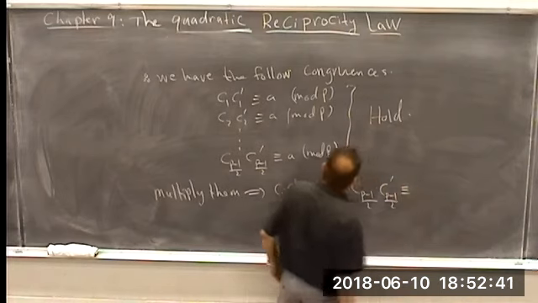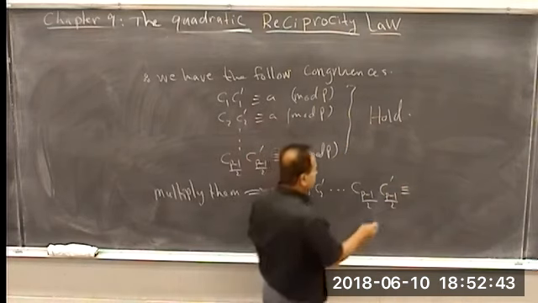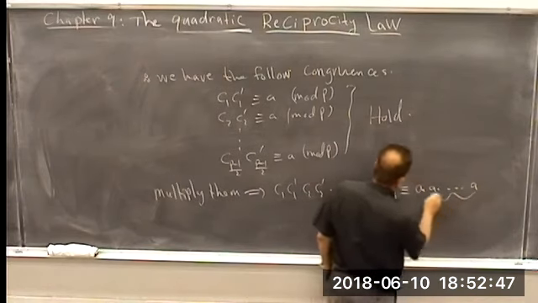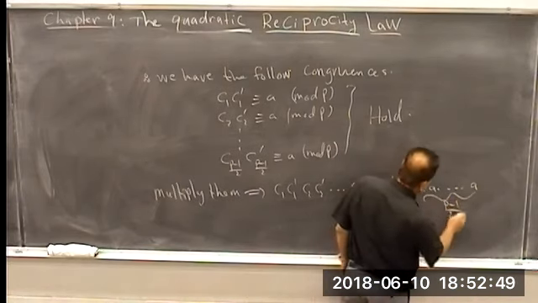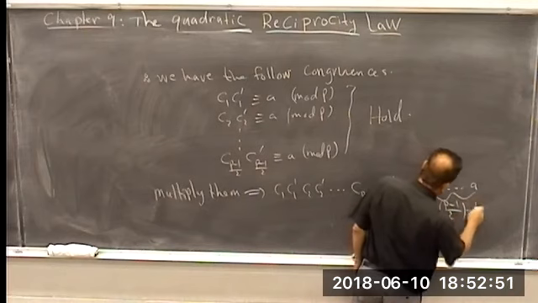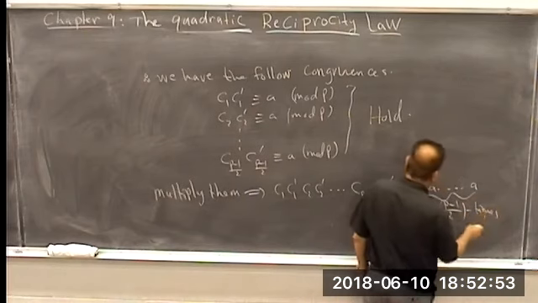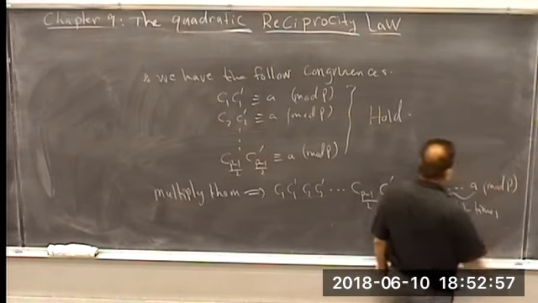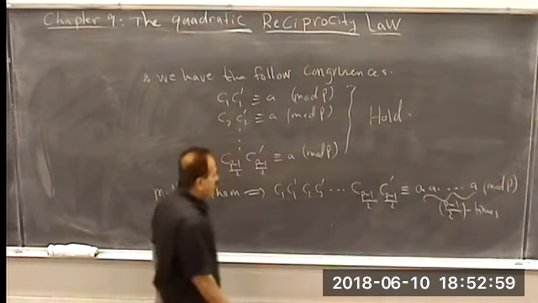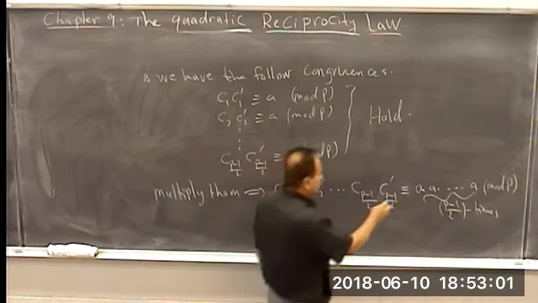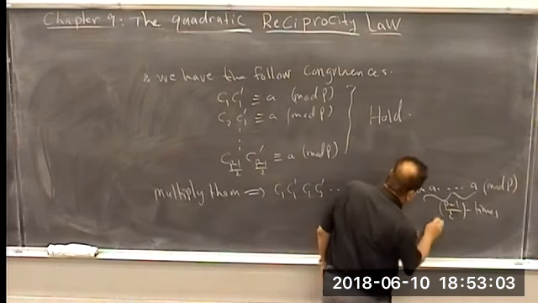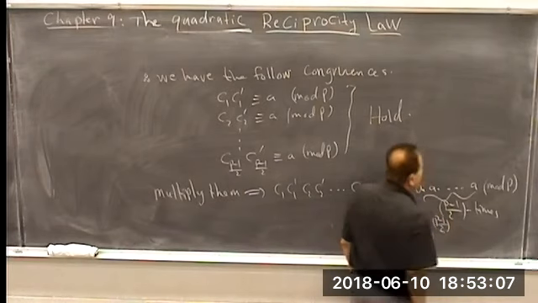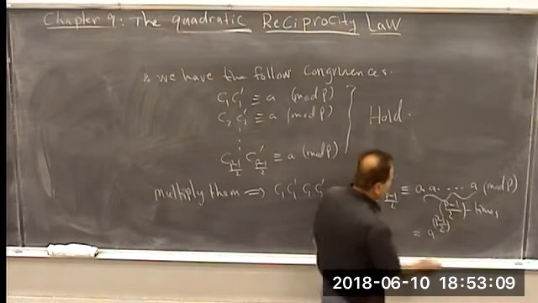And this is congruent to how many A's in here? A up to A, there are P minus 1 over 2 of them. This is mod P. All right, the right-hand side, no problem. This is going to be A to the power P minus 1 over 2, and this is what Euler's criterion has in it, mod P.